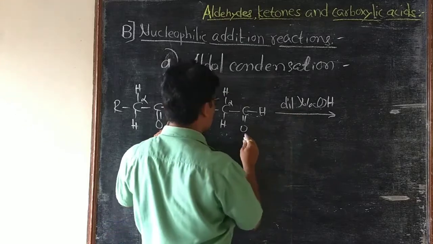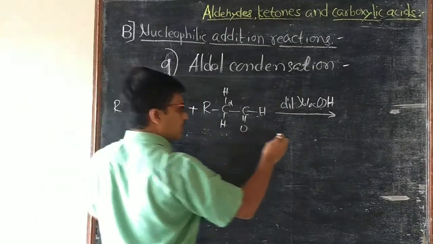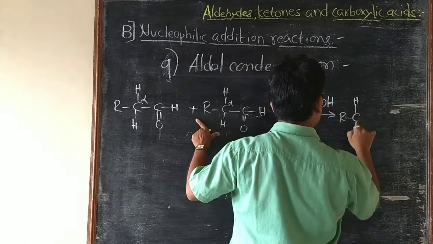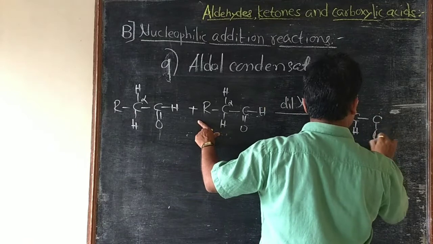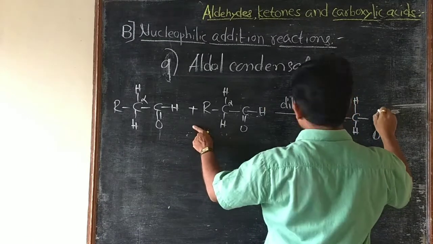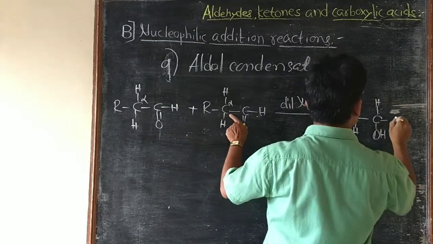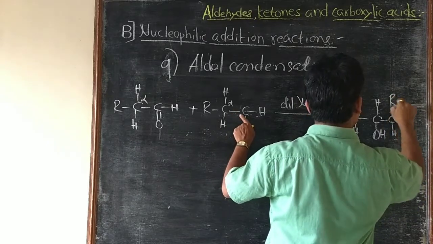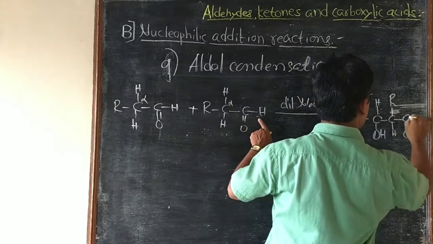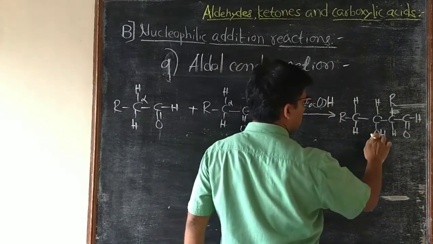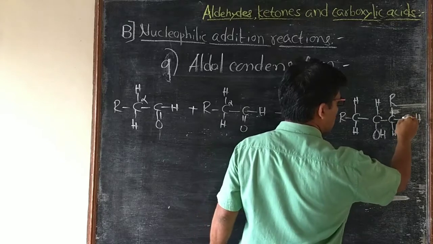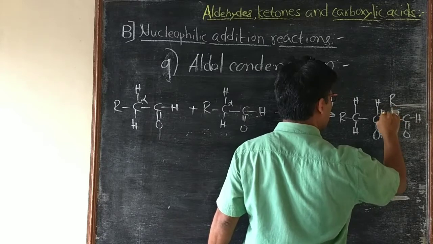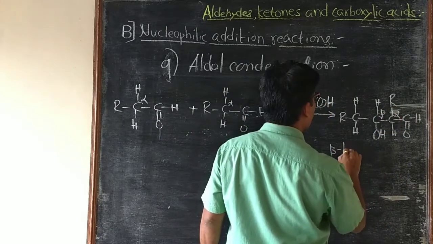to form a beta hydroxy aldehyde. The carbon atom next to the carbonyl carbon is alpha, then the next one is beta.